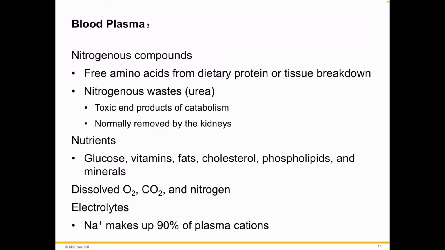So, blood plasma, continuing on. We talked about some of the components that it carries in it, such as primarily water, albumin, fibrinogen. But now we're going to look at some of the other ones, including the nitrogenous compounds. These are going to be amino acid based, and they're from dietary proteins or the breakdown of tissues in the body.